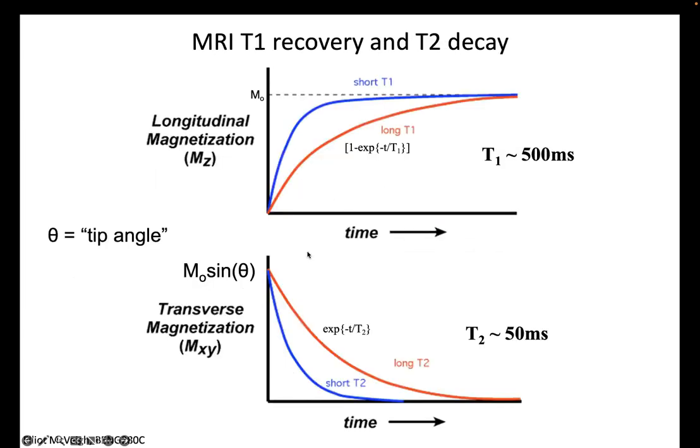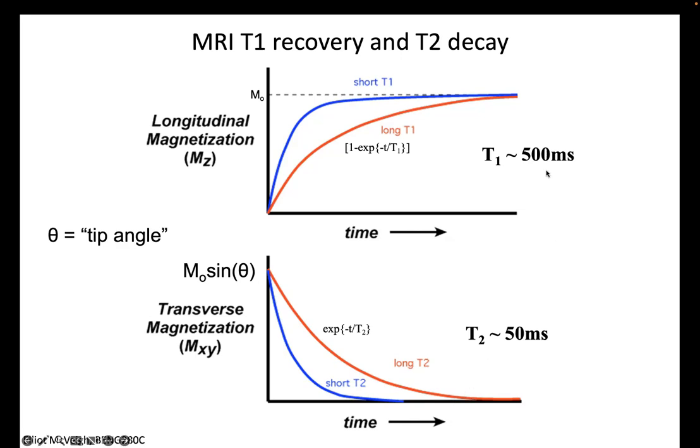So now we have these 2 time constants. The first one that we talked about was T1, which is how the magnetization comes back from 0 to its steady state value. And the T2 time constant, which is how quickly the magnetization vector decays in the transverse plane.